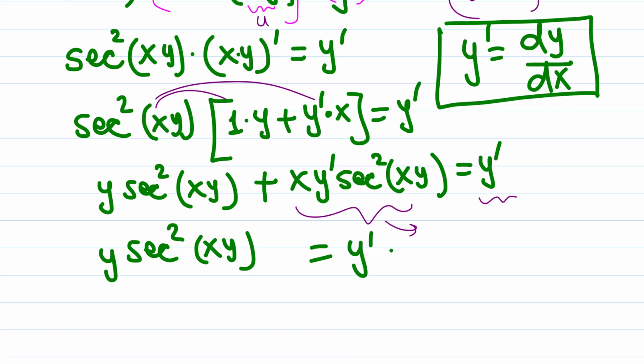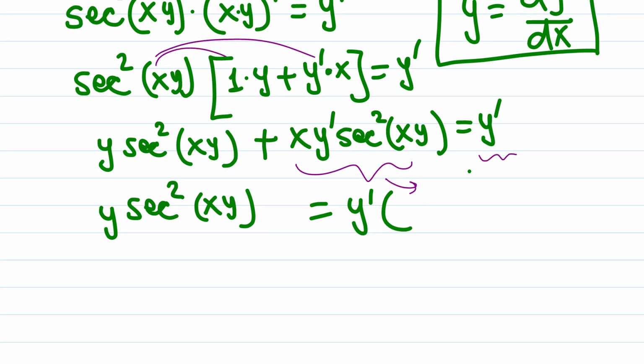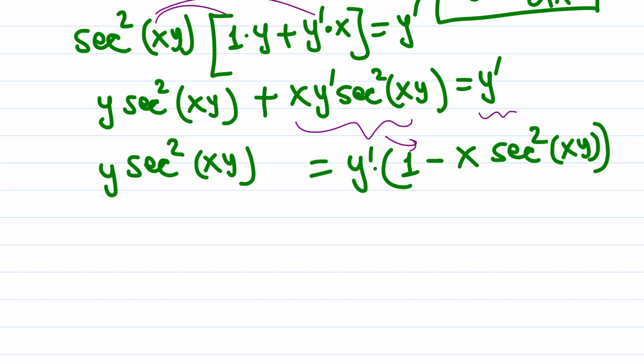I'm skipping one step: y prime minus this term, y prime factors out, so y prime times 1 minus x secant square xy. Now we can isolate y prime by dividing both sides by 1 minus x secant square xy.